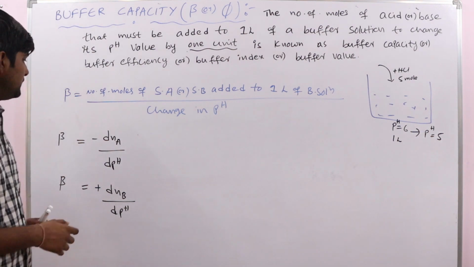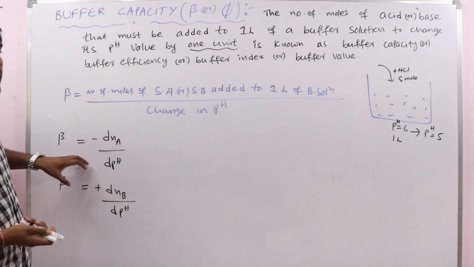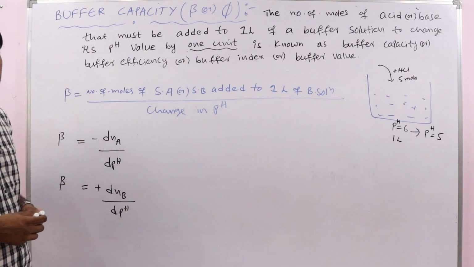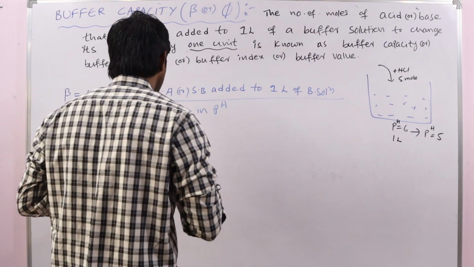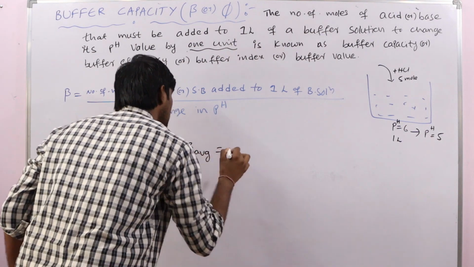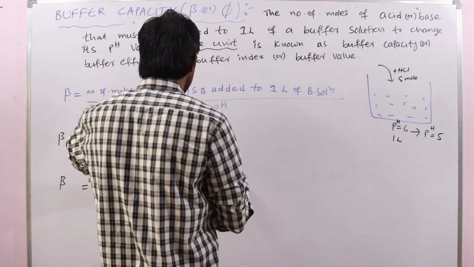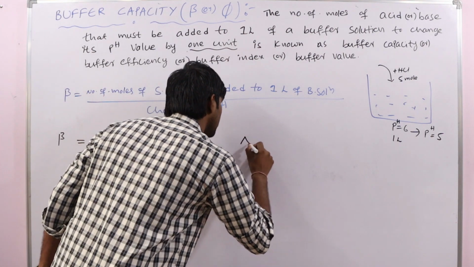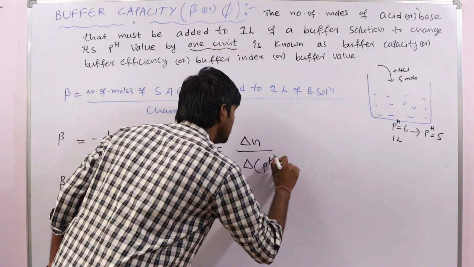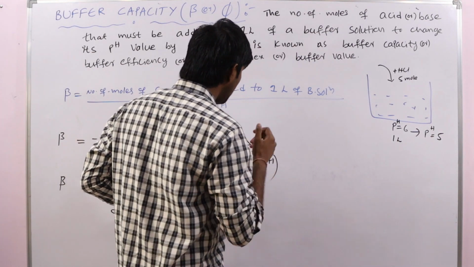Okay, and remember that this buffer capacity which we discussed is instantaneous, meaning it is measured at a particular instant. So for the overall process we take the average buffer capacity, beta average. Average buffer capacity is equal to delta n by delta pH: total number of moles added by total change in the pH.